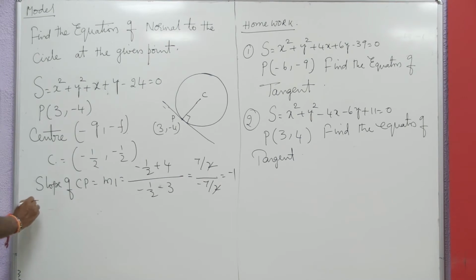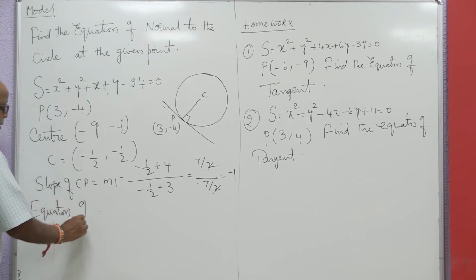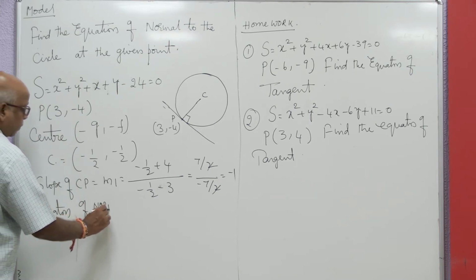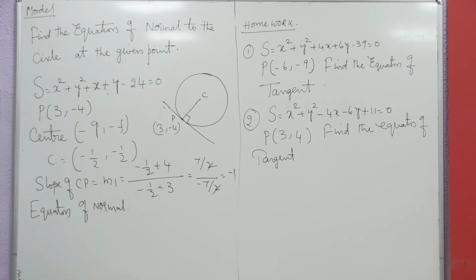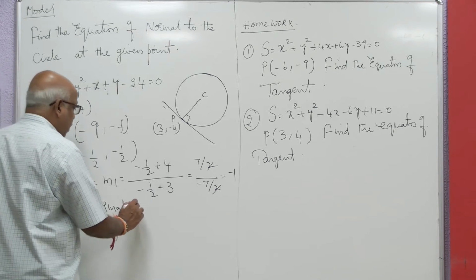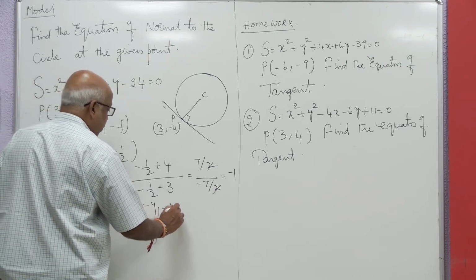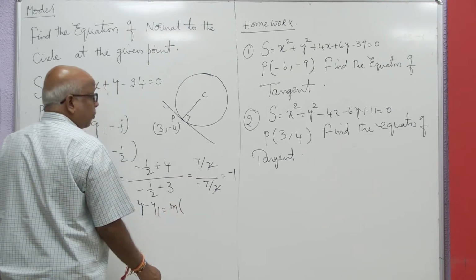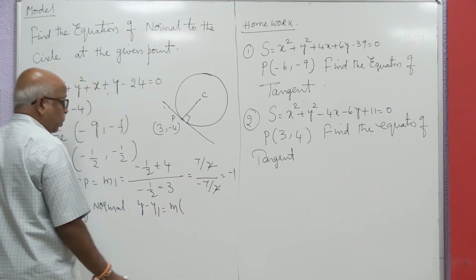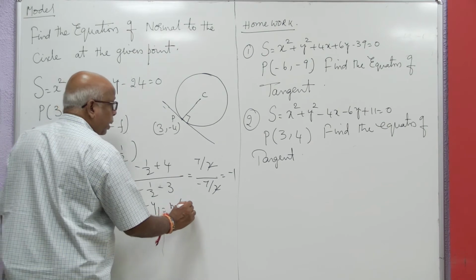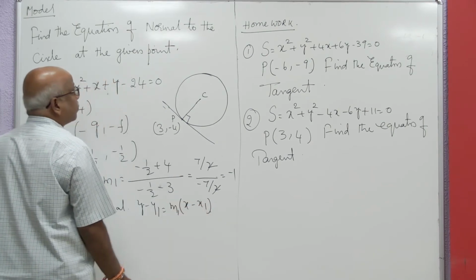Equation of normal. What is the equation of normal? y minus y1 equal to m into x minus x1.